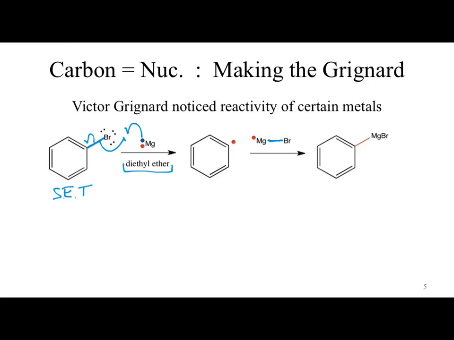The fun thing about radicals, or the not so fun thing about radicals, is they are extremely reactive. Why would they be reactive? They're not paired. We get stability from pairing of electrons. If we don't have them paired, they're going to try and react with anything they can and try and pull electrons off of something else to stabilize, to pair up and form an individual bond.